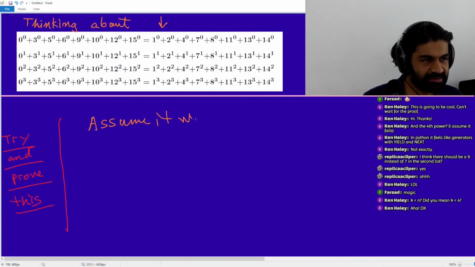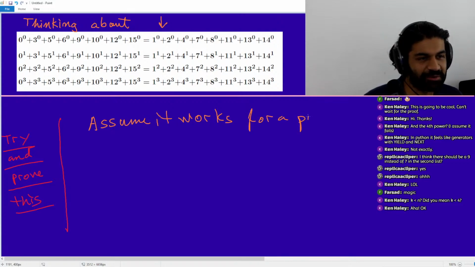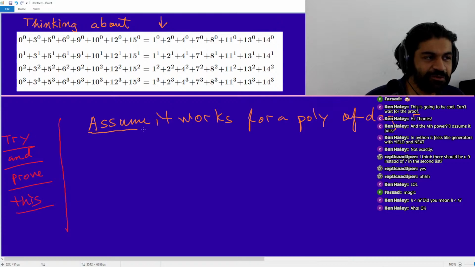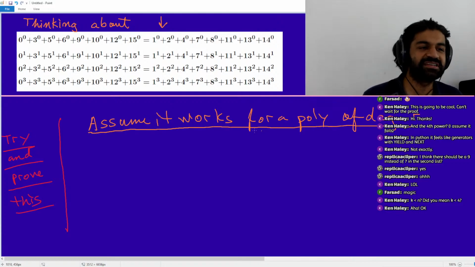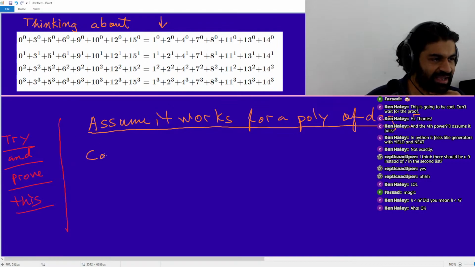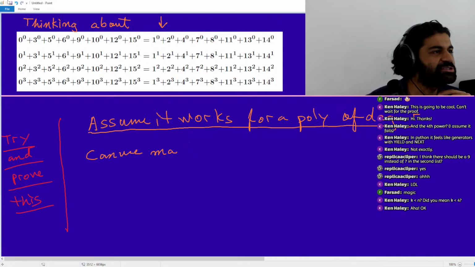So you assume it works for a polynomial of degree r. If you knew this, can you use this to make it work for a polynomial of degree r plus 1? So I shouldn't say a polynomial.